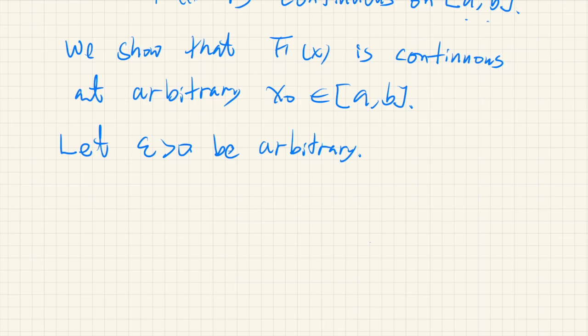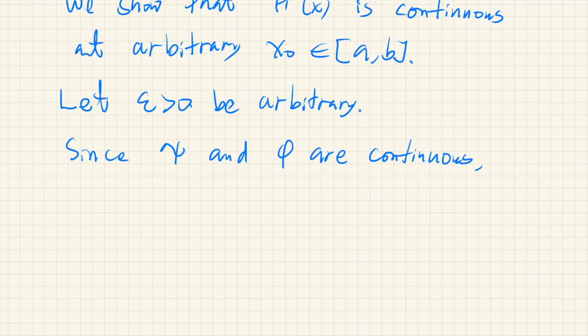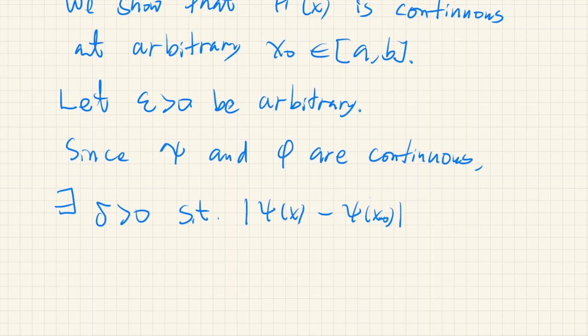Since psi and phi are continuous, there exists some delta such that the difference between psi of x and psi of x0, and the difference between phi of x and phi of x0, are arbitrarily small.